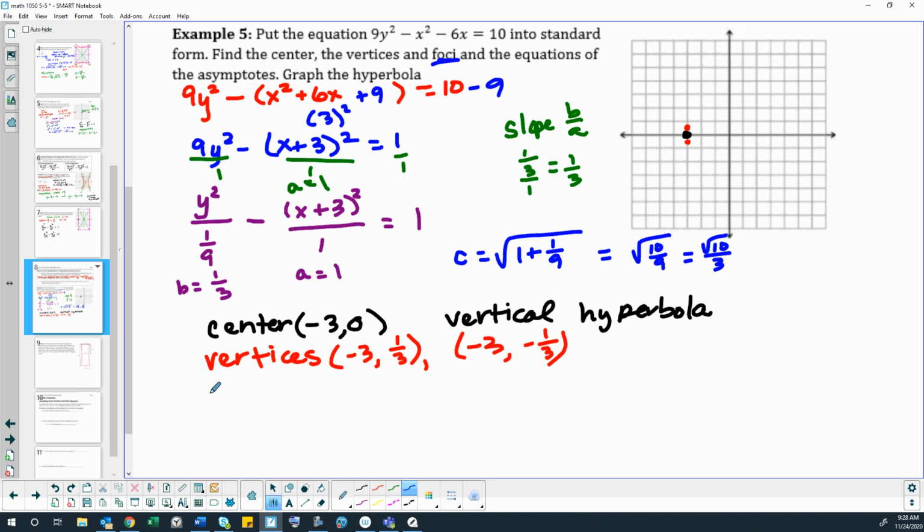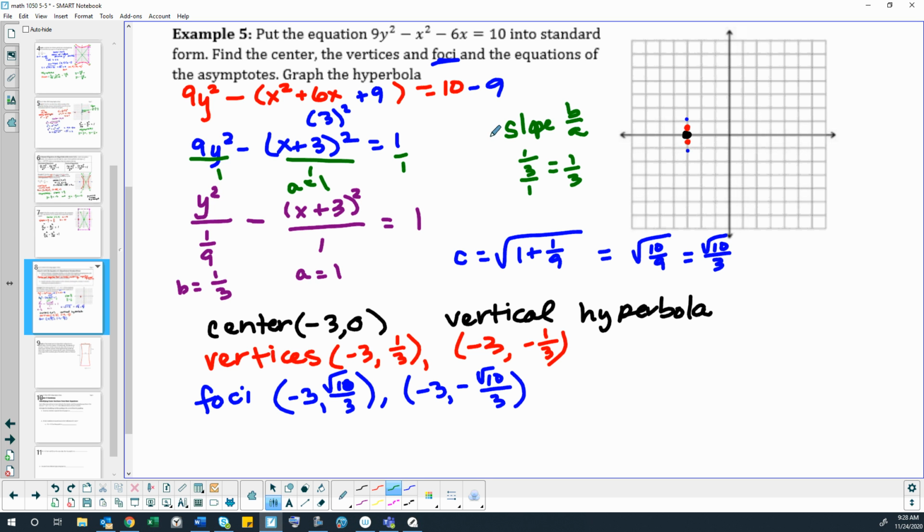Okay, and then our foci will be here and here. So that would be at -3, and then up square root of 10/3, and -3, negative square root of 10/3. Okay, so we've got all that in.